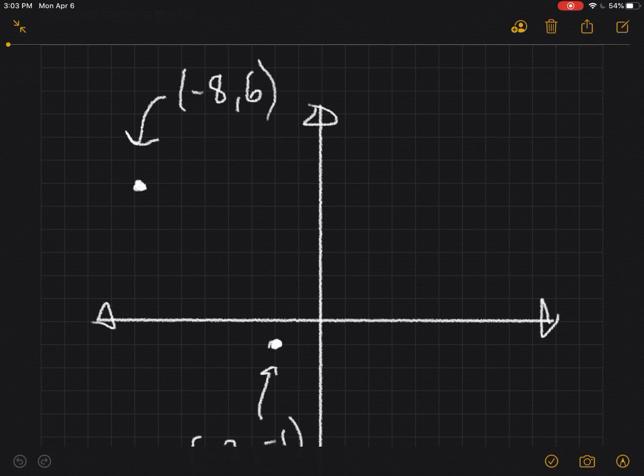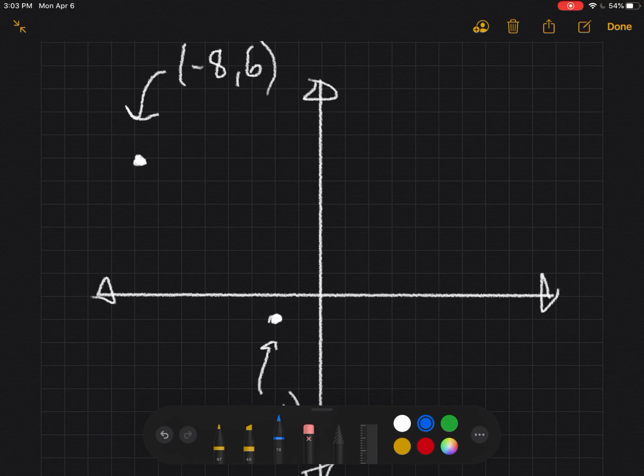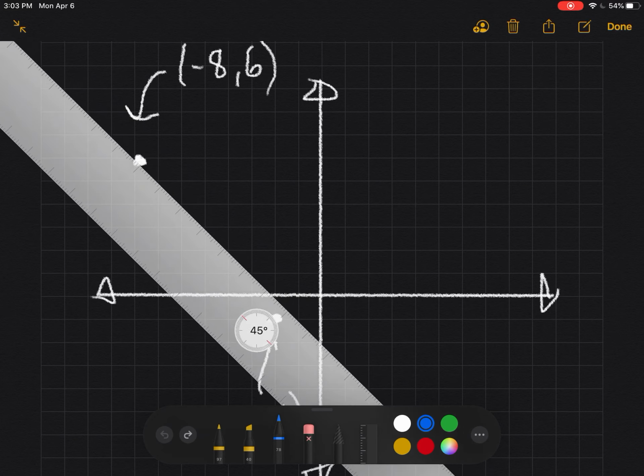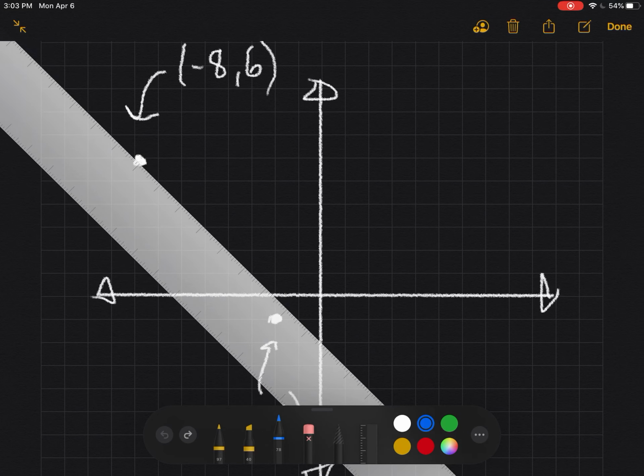But what if we have a more complicated example? What about here? I have the point -8, 6 and the point -2, -1. I can't just count this because these 2 are on a line that's not vertical and it's not horizontal. Ooh, let's just use the ruler, shall we?